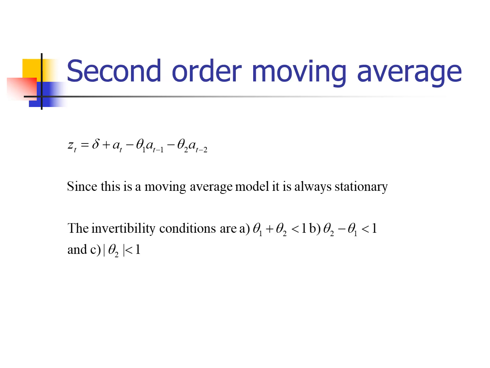For a second order moving average, we now have two coefficients, theta 1 and theta 2. The invertibility conditions become a little bit more complicated. We need that the sum of the coefficients is less than 1, their difference is less than 1, and the absolute value of theta 2 is less than 1.